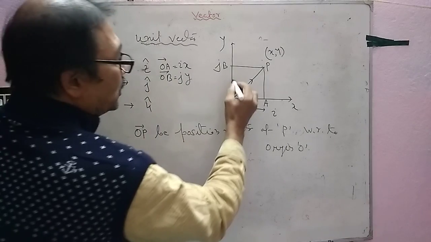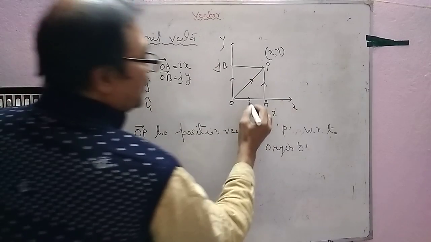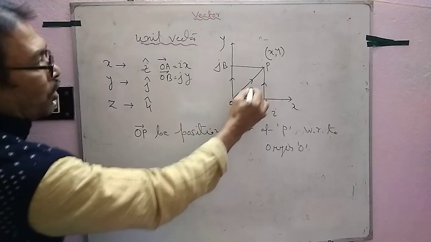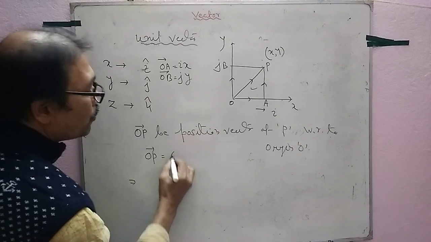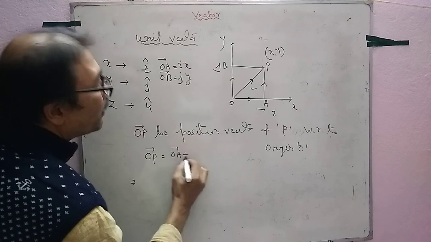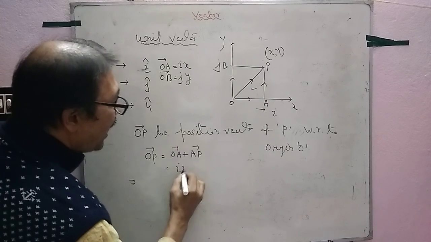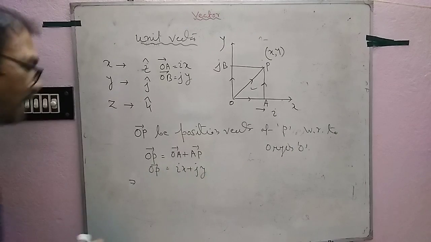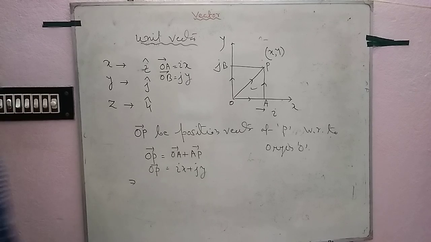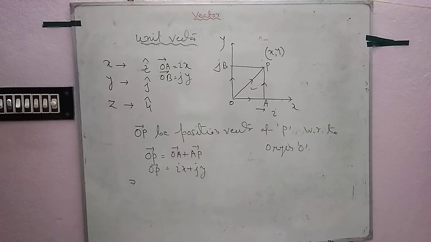From this law, this is OB vector. So this vector OA and AP. From this triangle law, OP equal to OA plus AP. AP means OB, that is ix plus jy. Clear? So the position vector of a point P whose coordinates are x, y will be ix plus jy. Clear?